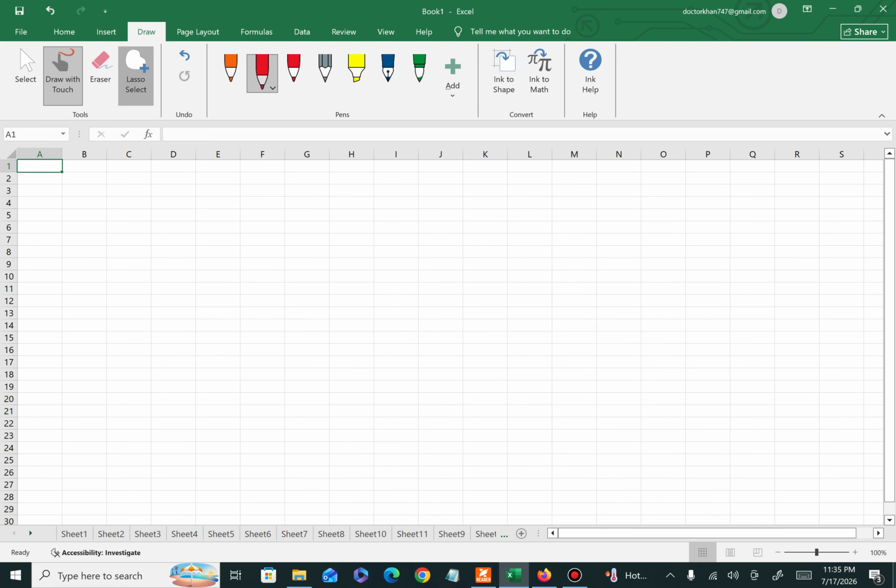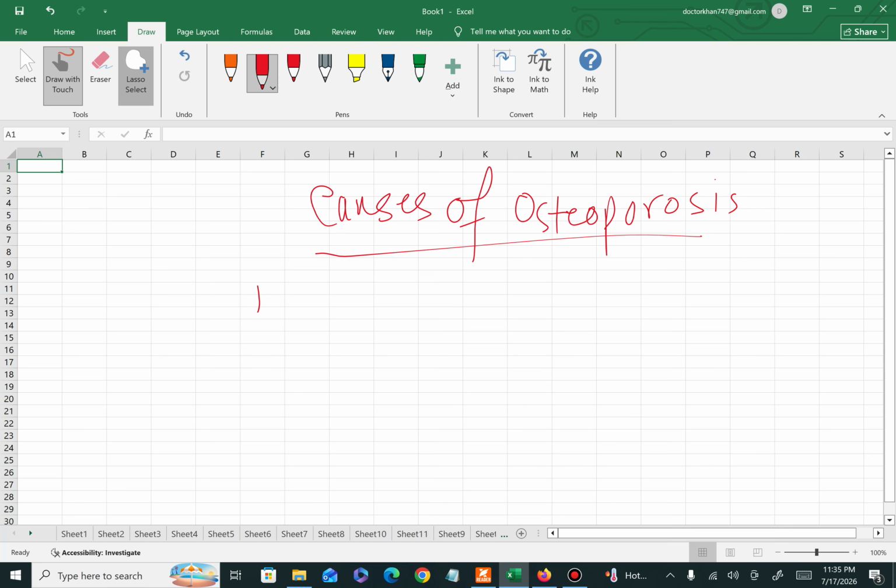Okay, so osteoporosis has many causes. Causes of osteoporosis: it can occur in old age, so old age is one of the causes, age related osteoporosis.